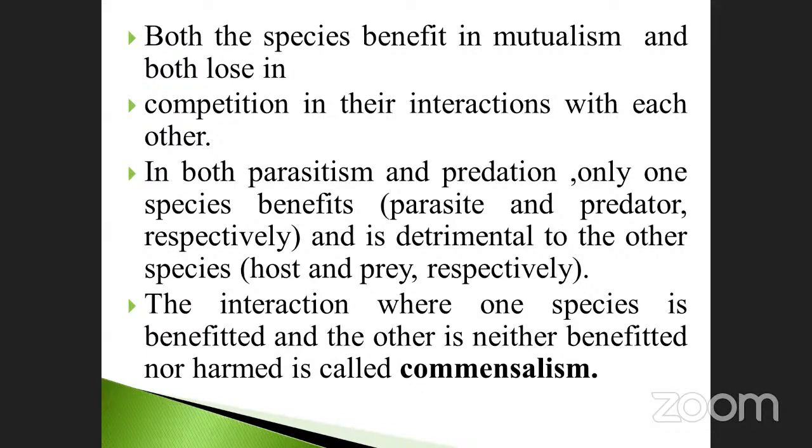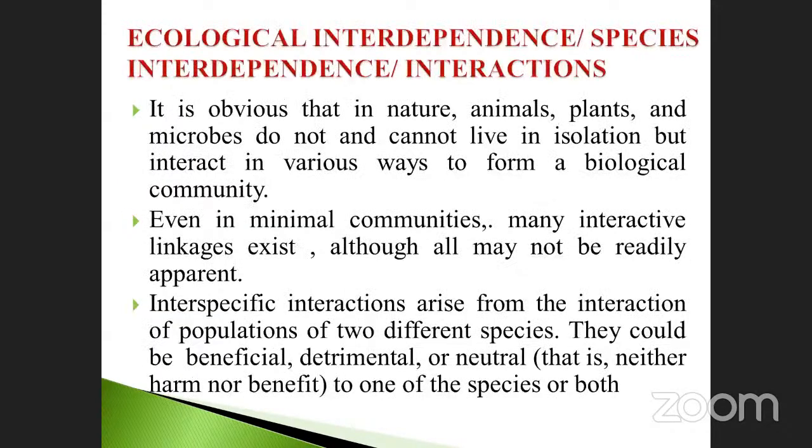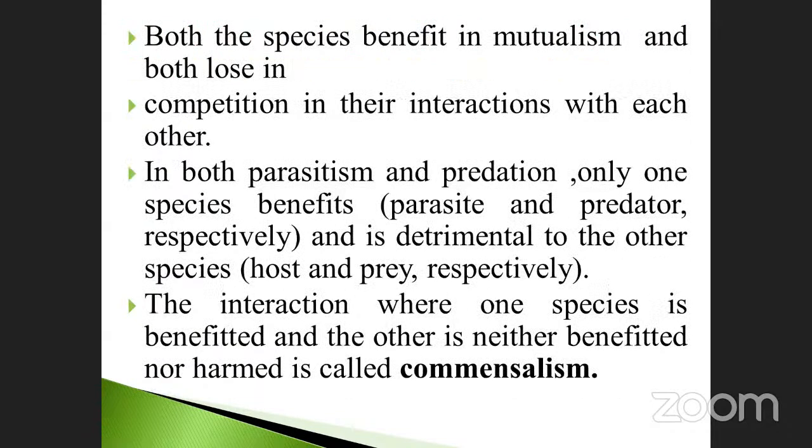So this is the first one, mutualism. In both parasitism and predation, only one species benefits, the parasite and predator respectively, and it is detrimental to the other species, host and prey respectively. The interaction where one species benefits and the other is neither benefited nor harmed is called commensalism.